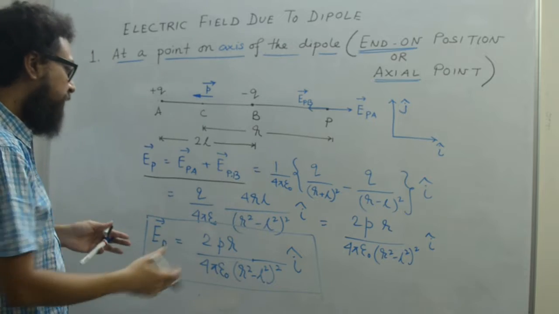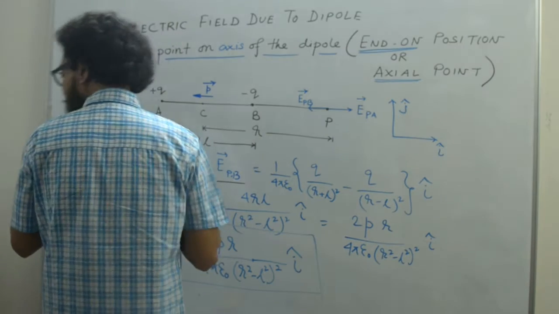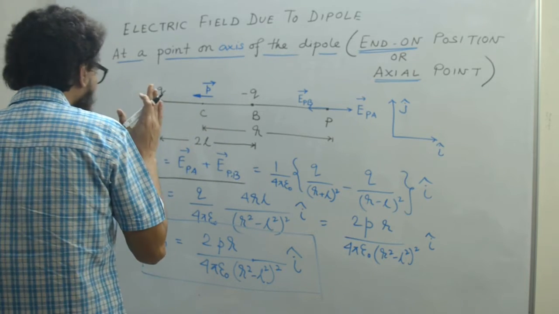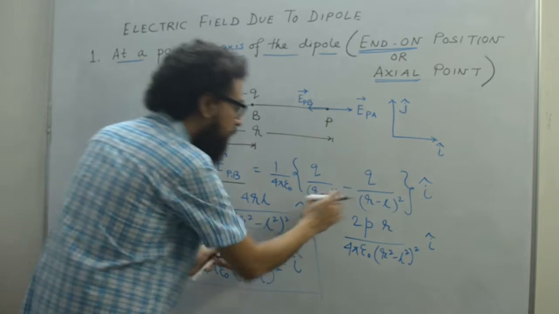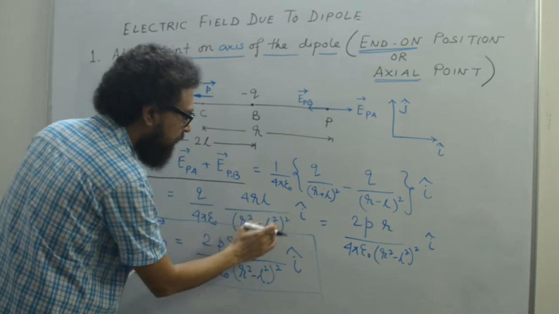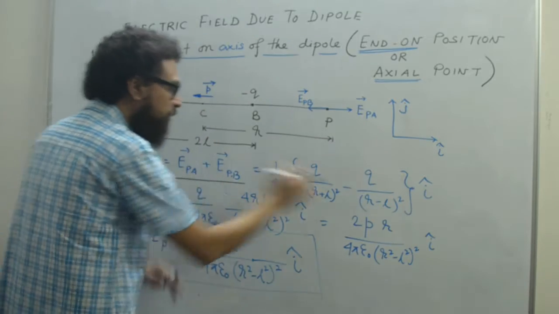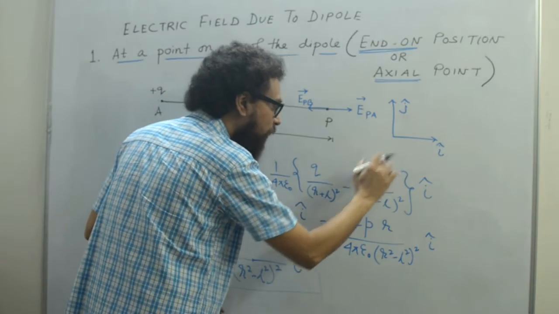Okay. So now we have to calculate the rest of the portion, and what we can see here exactly is that we have to add. So this 2 is giving me R square minus L square whole square. And we have taken Q out. So R minus L whole square minus R plus L whole square.